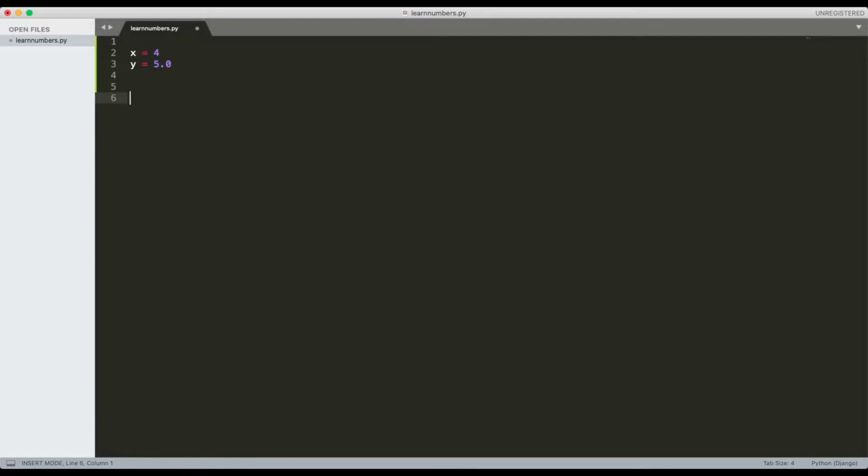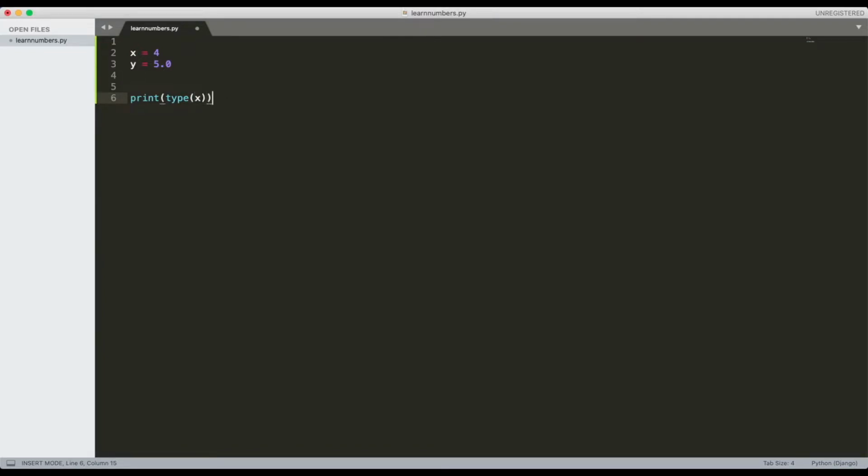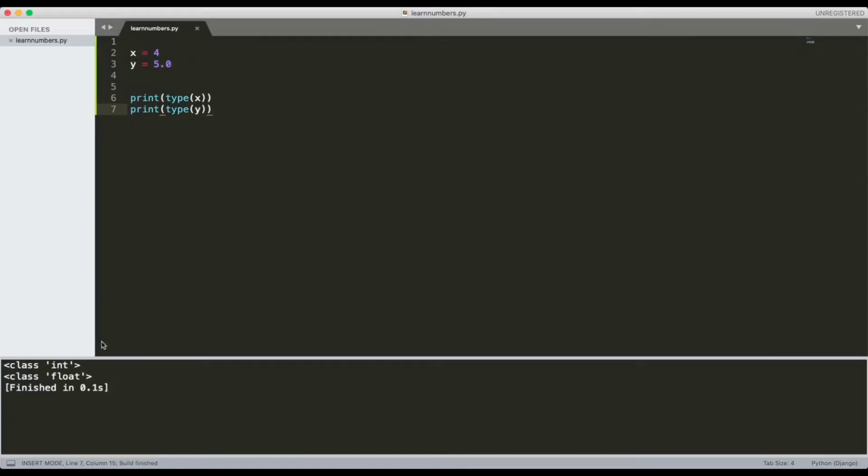To verify what I said is true, there is a type function that we can use in Python. If we print those, we should see that the first line comes out saying the type is an integer and that y is a float because it's a decimal. So we can see that this is the case, right? This corresponds to x and this corresponds to y.